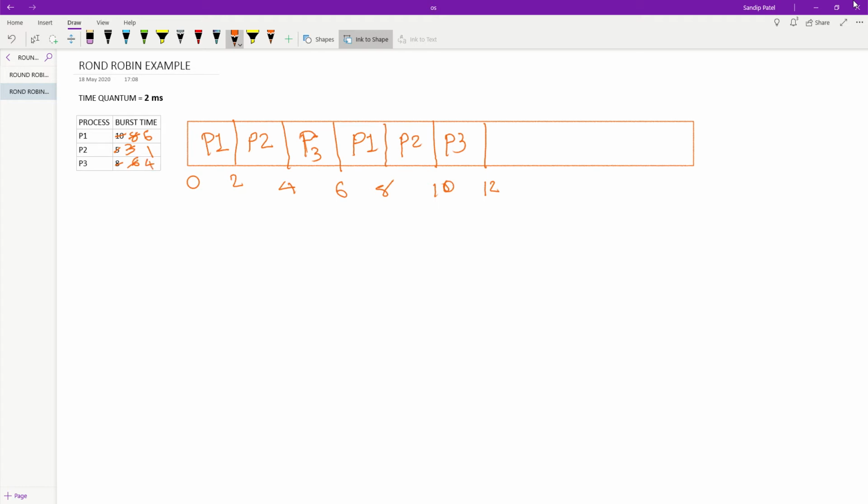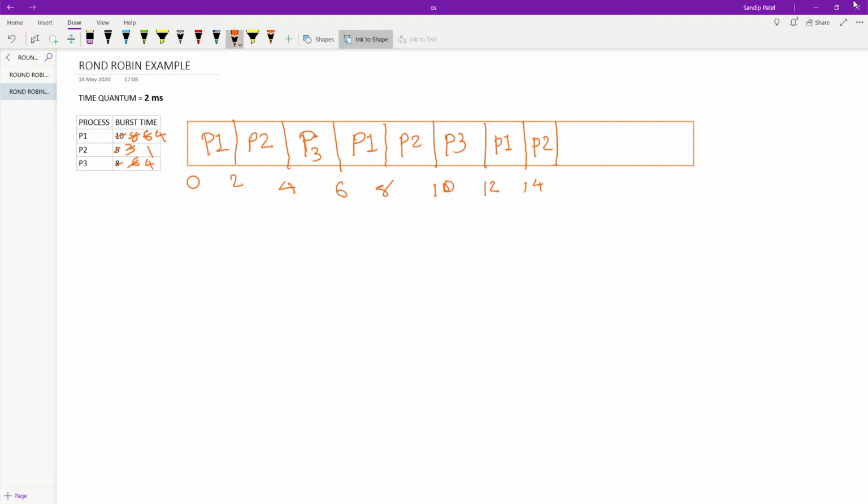Okay, now the cycle will repeat starting from P1 because P1 is still not completed. So P1, 12 plus 2, 14, and it has completed 2, so I'm writing here it is a 4. Now after P1, next turn is of P2. Now here P2 requires only 1 millisecond, so a time quantum of 2 millisecond is assigned to each process, but it requires only 1 millisecond.